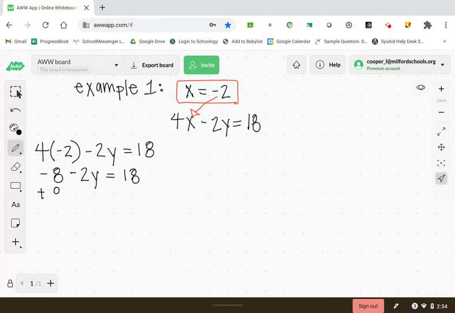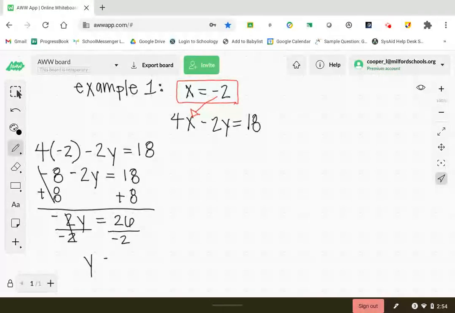We're going to see what y would be if we substitute the negative 2 in. So we have negative 8 minus 2y equals 18. We're just going to add 8. So we're just solving equations. Negative 2y equals 26. Divide by negative 2. And I get an answer of y equals negative 13. So that's great.